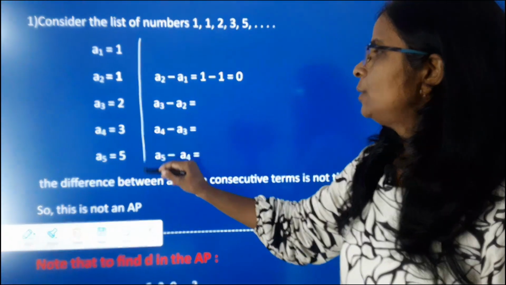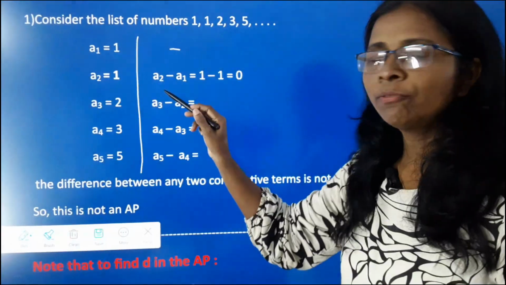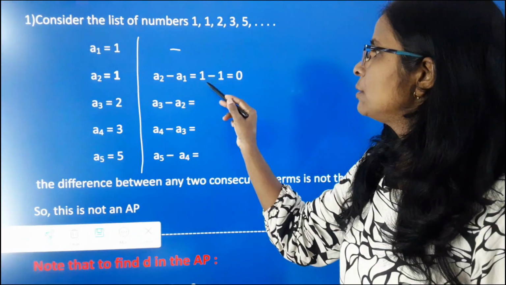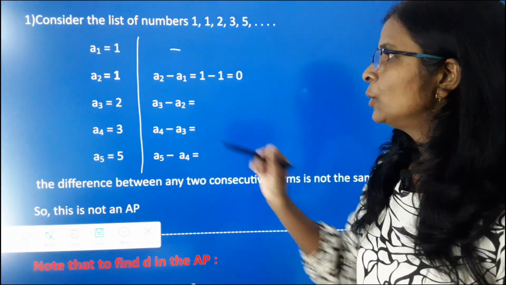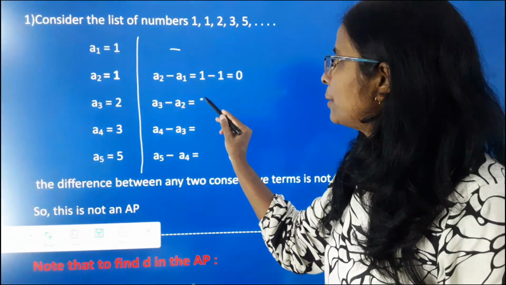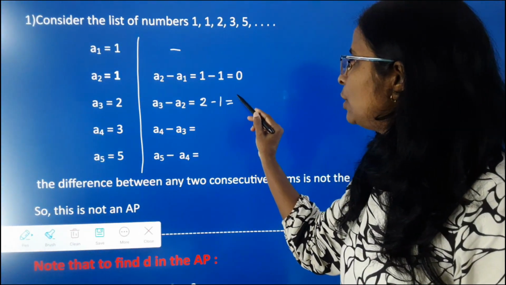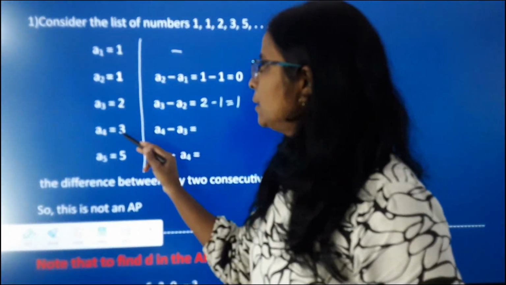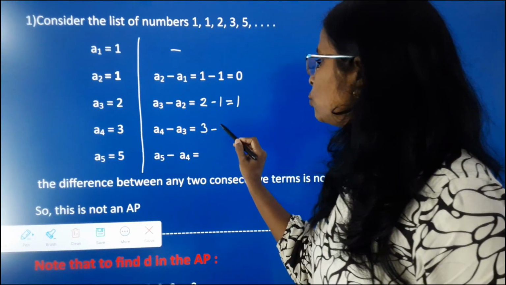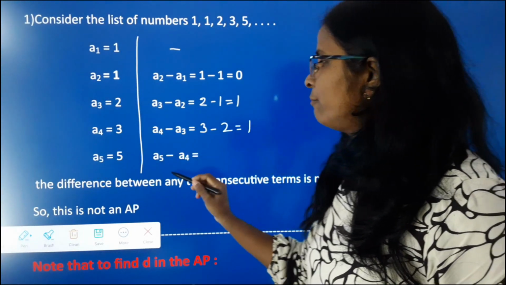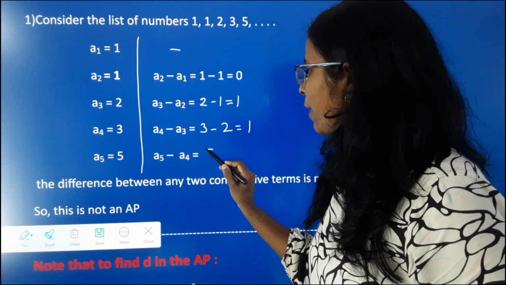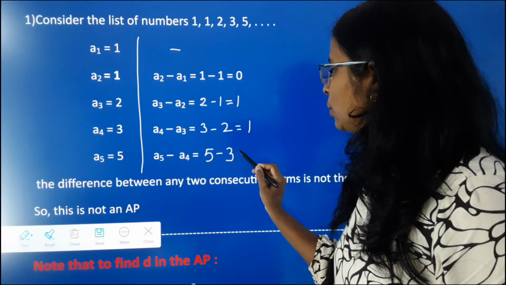Then use the formula: A2 minus A1 is equal to 1 minus 1, which is equal to 0. A3 minus A2, that means 2 minus 1, is equal to 1. A4 minus A3 is equal to 3 minus 2, which is equal to 1. A5 minus A4 is 5 minus 3, which is equal to 2.